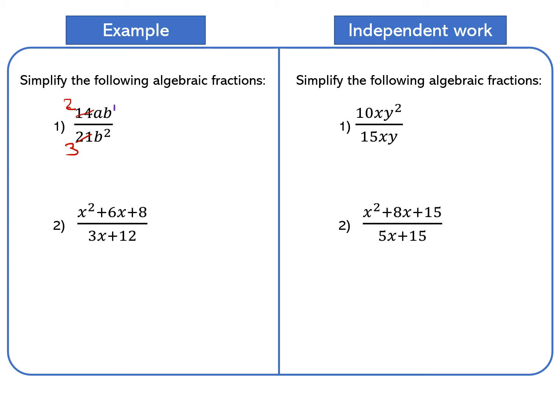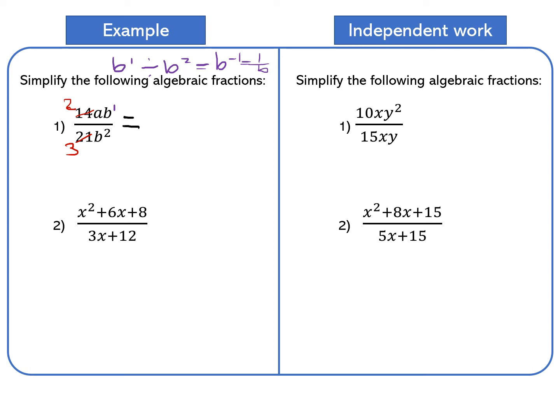And I consider b to the power of 1 divided by b to the power of 2. Let's take away, I'll get b to the power of minus 1, which is the same as 1 over b. Remember, b to the power of minus 1 is the same as saying what is the reciprocal of b. The reciprocal of b is 1 over b. Now we can put that in.